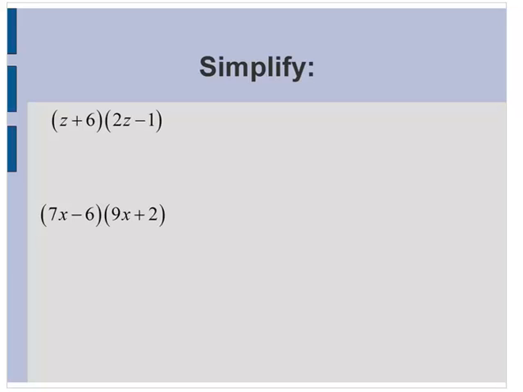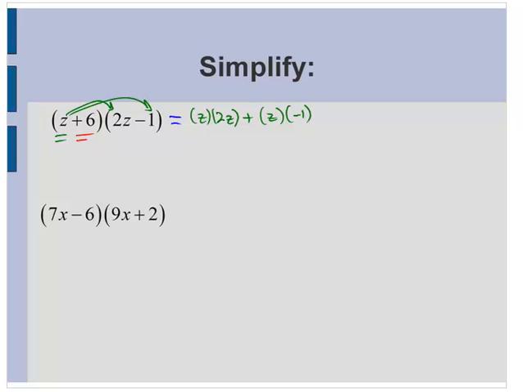Let me do another example. z plus 6 times 2z minus 1. Alright, so that would give me, distributing the z, z by 2z plus z by negative 1.